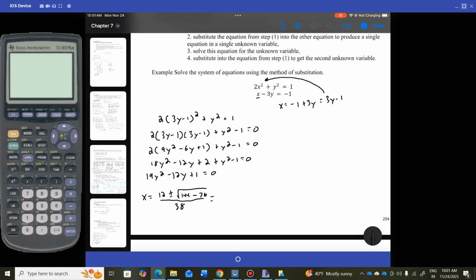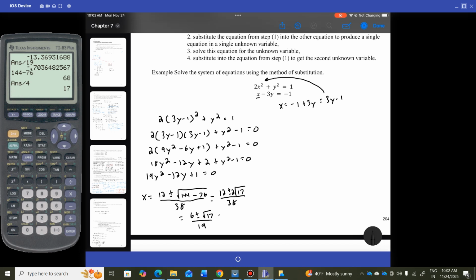And so we can simplify this. 12 plus or minus the square root of 144 minus 76, which is 68. And if I divide that by 4, I get 17. So the square root of 4 is 2. So 2 square root of 17 over 38. And then I can reduce this down to 6 plus or minus square root of 17 over 19.